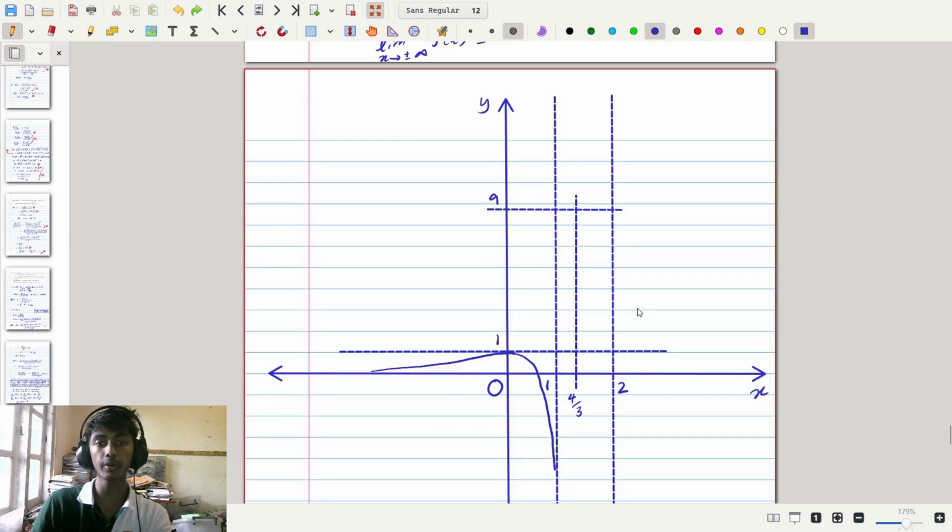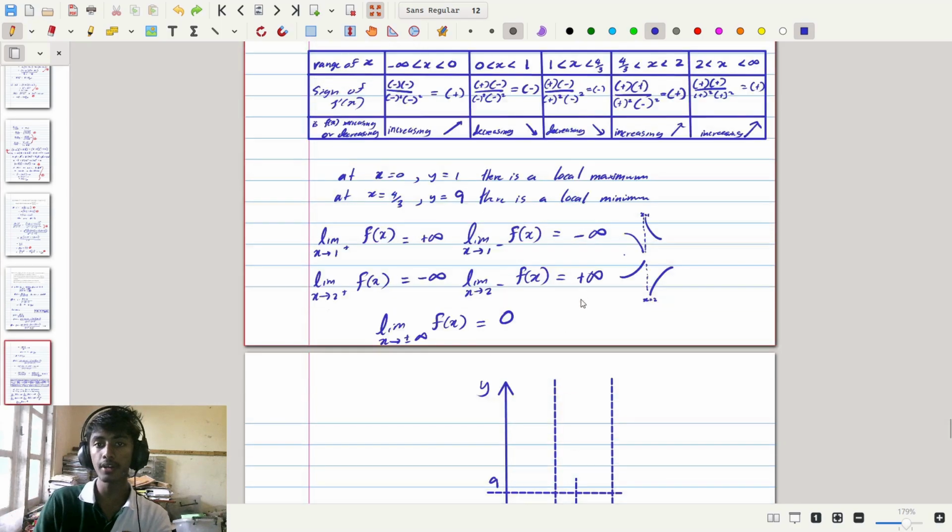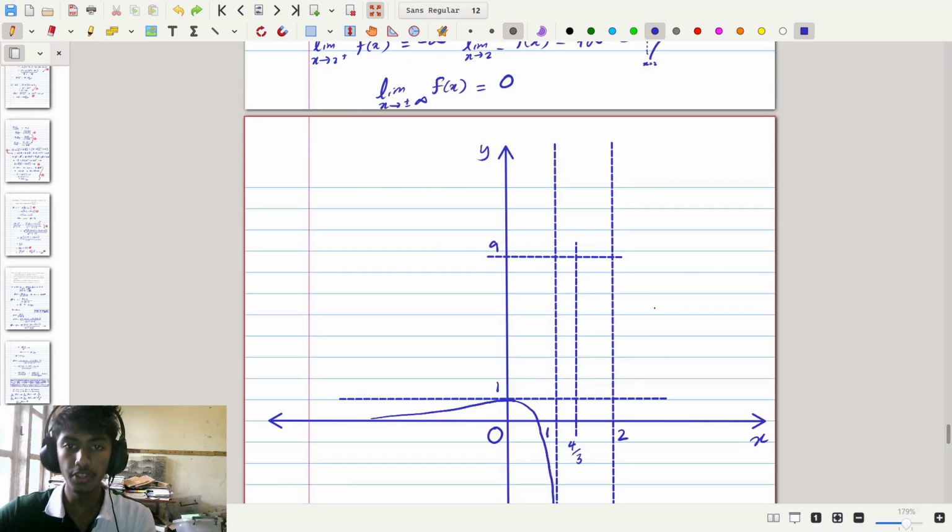So we have to go down from positive infinity like this until we reach this point right here, which is the point x equals 4 over 3, y equals 9. We turn at this point and start going upward, and as we go upward, we need to approach positive infinity at x equals 2. So the graph here is going to be downward from positive infinity, turn at this point, then upward again to positive infinity as we approach x equals 2.